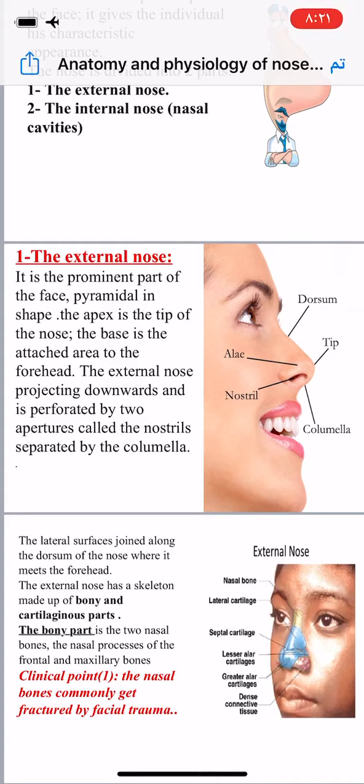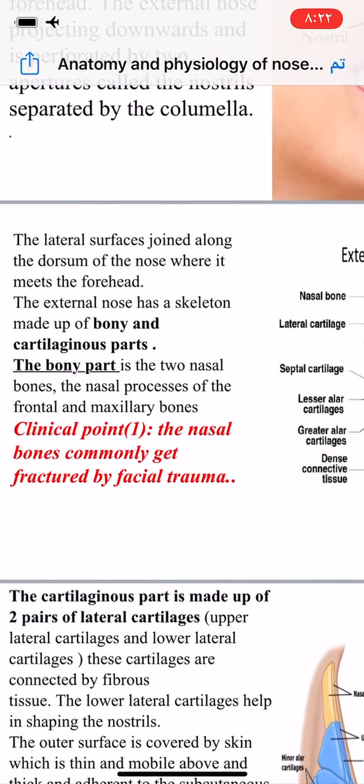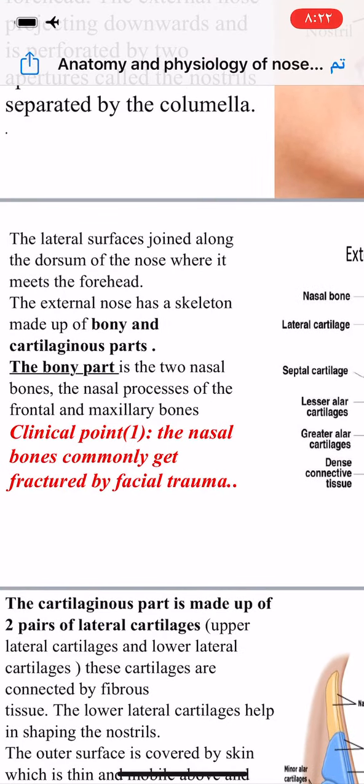The external nose projects downwards and is perforated by two apertures called the nostrils, which are separated by the columella. The lateral surfaces join along the dorsum of the nose, where they meet the forehead.